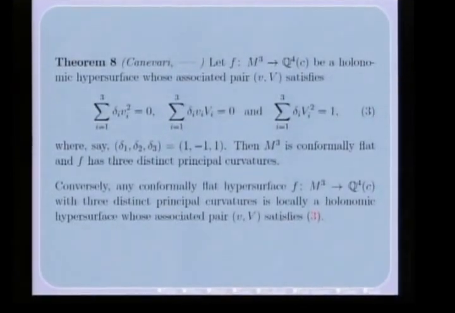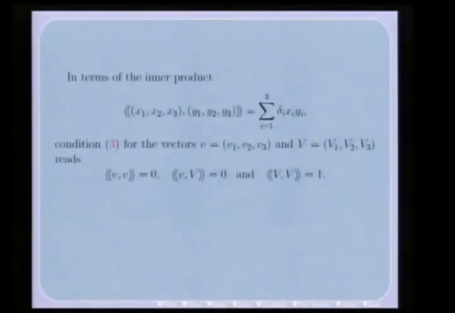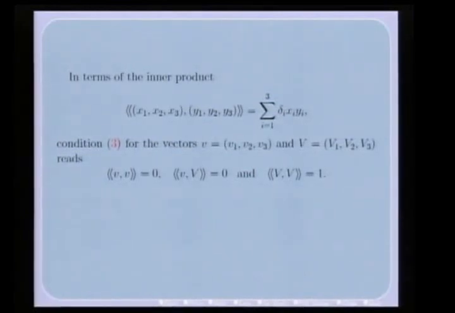Of course, one can express those relations in a cleaner way by introducing this Lorentzian inner product. So those relations just say that this vector is a light vector at any point. It's orthogonal to this other vector, and this one in turn is a unit space-like vector.